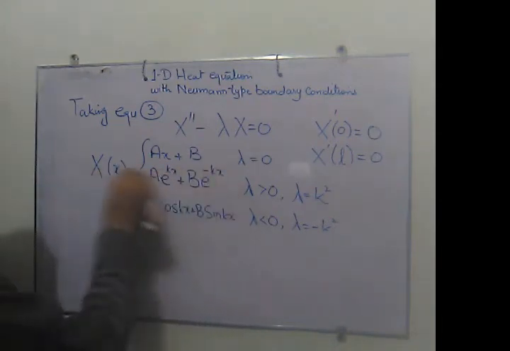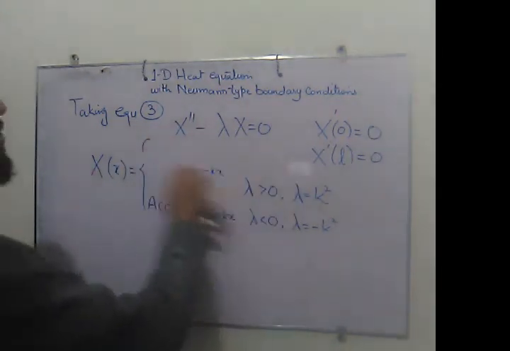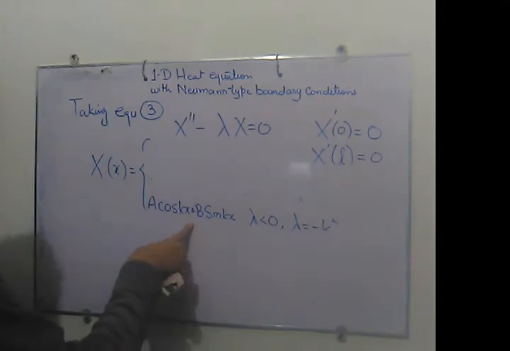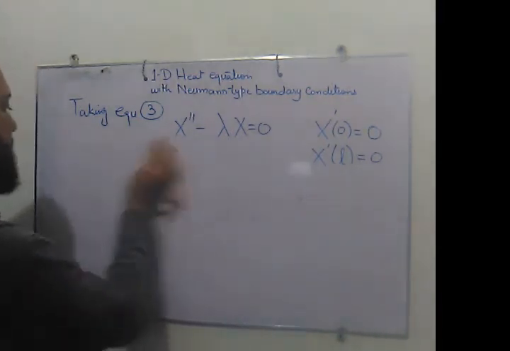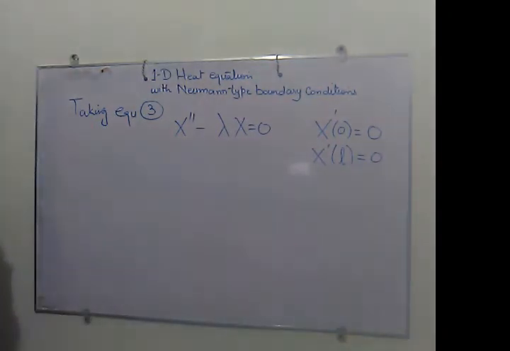So let me remove the first two solutions and we will work on the solution for lambda is less than 0, lambda is equal to minus k square.